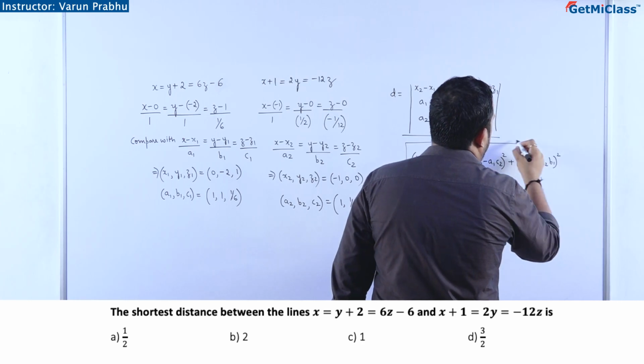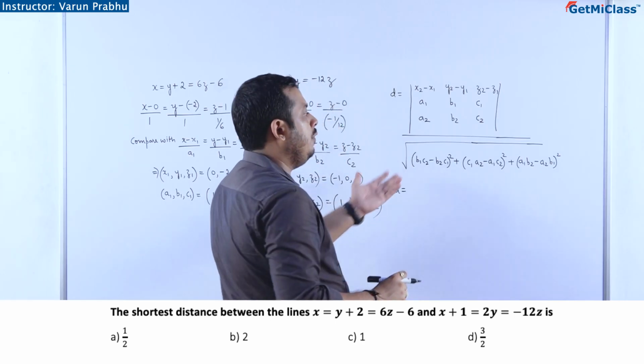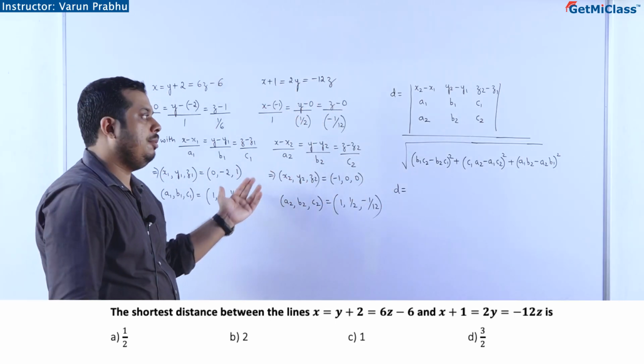If the distance is negative, you have to make it positive. Obviously, distance is a scalar quantity, it cannot be negative.